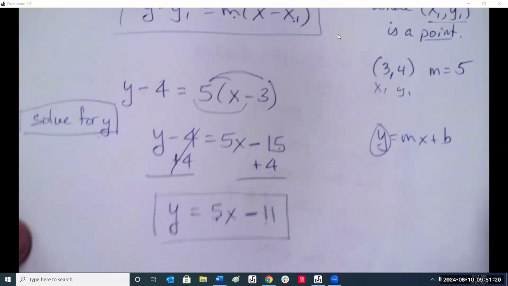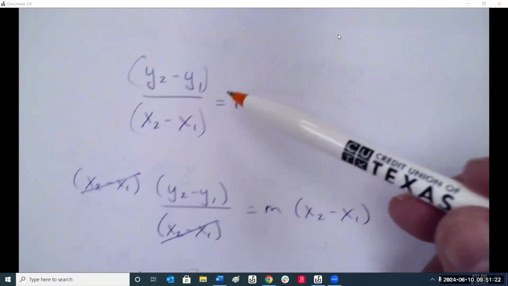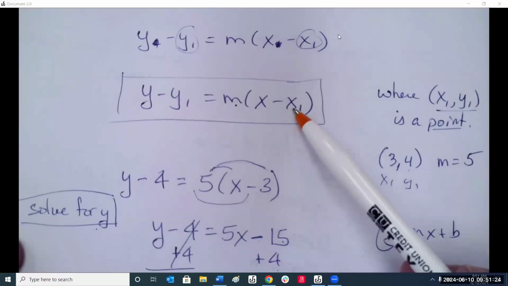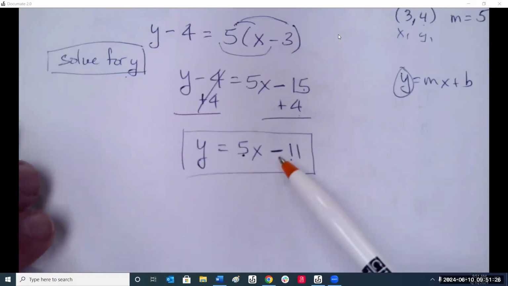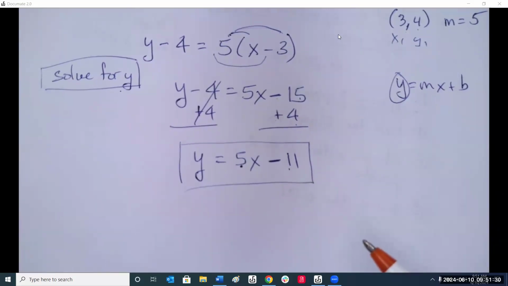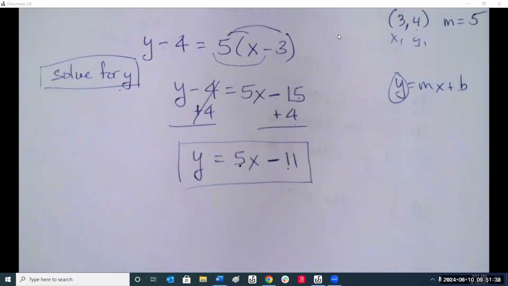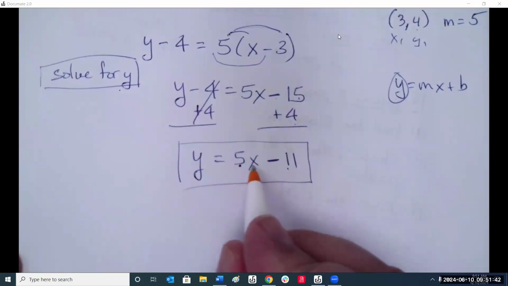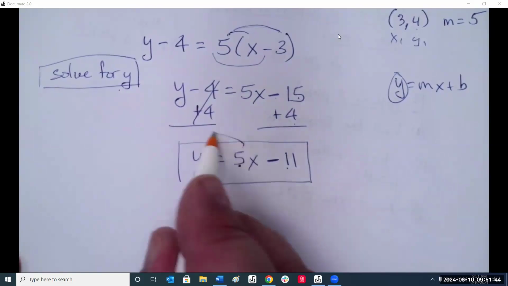So we went from the slope formula to the point slope formula, from the point slope formula to the slope intercept formula. Now, how do we go to standard form? X and Y have to be on the same side. So I got to move the X to that side.